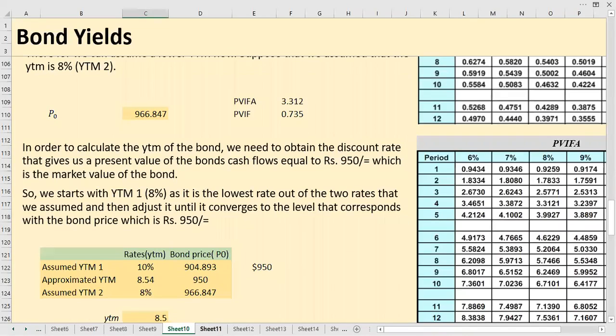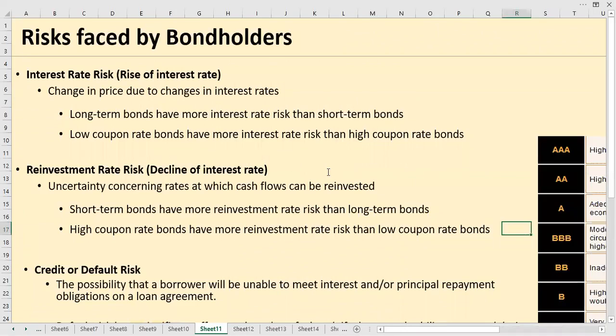So that's what we discussed today. Moving on, I'm going to introduce some interesting concepts about the risk of a bond. These are the types of risk that a bondholder normally faces when doing a bond investment.